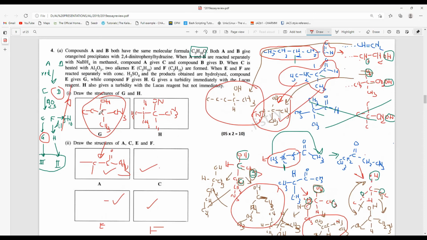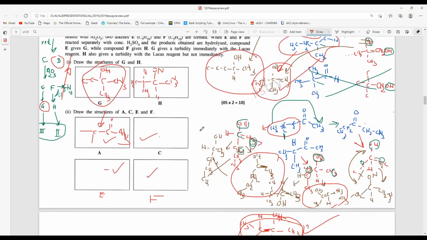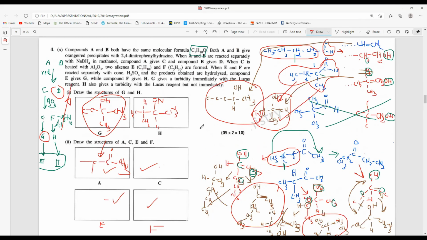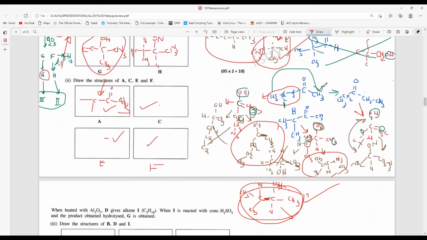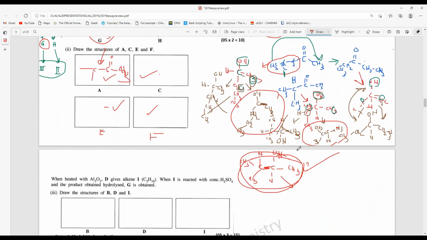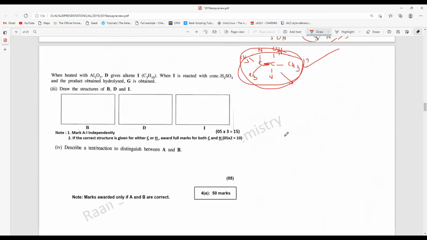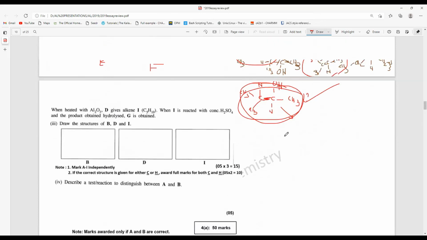That is easy. But at the same time you need to understand this question is informative, so you need to get all the things by going slowly and getting the information. That's my idea. So the rest of the things are very easy.